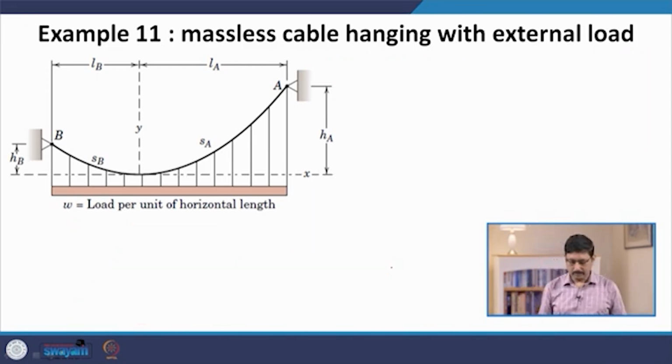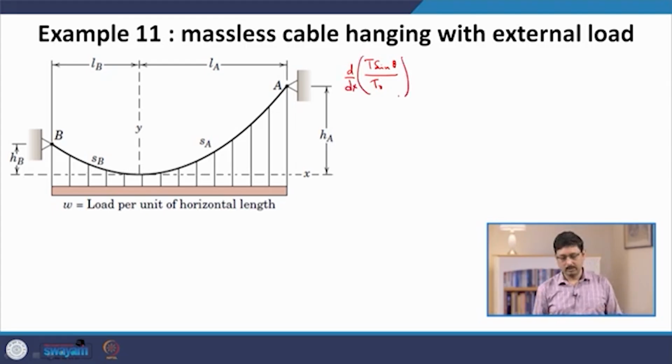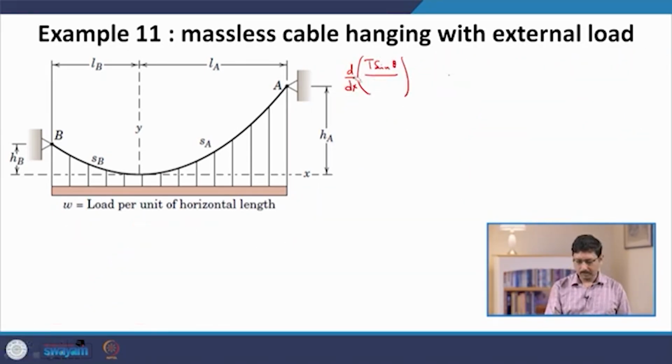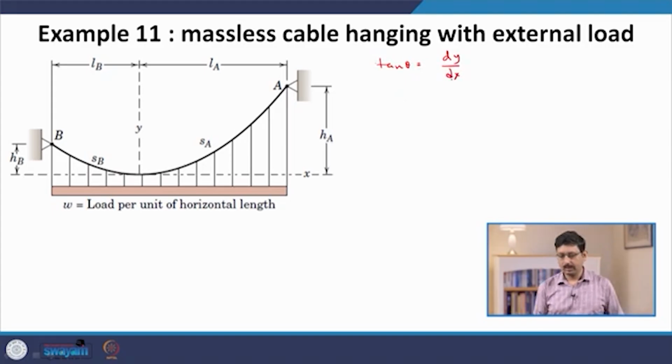So let us do it here. We have T sin theta divided by T naught. Now, if I take a derivative of this quantity, what I am writing is this equation. We had tan theta equal to dy/dx, and this is equal to T sin theta divided by T naught.